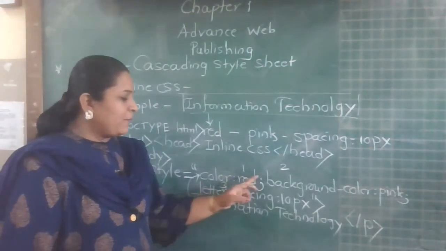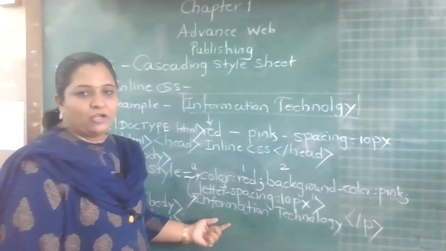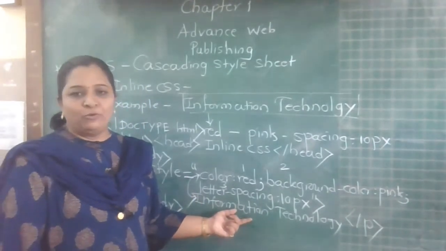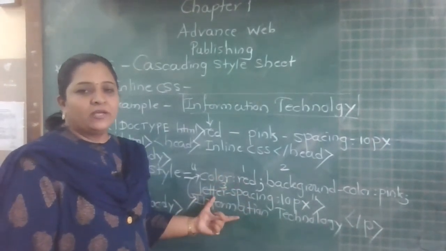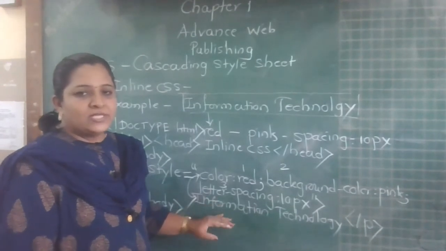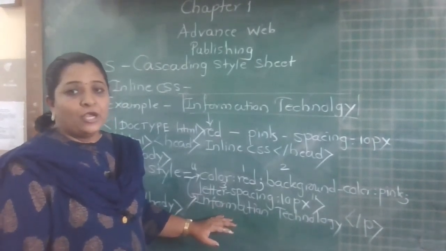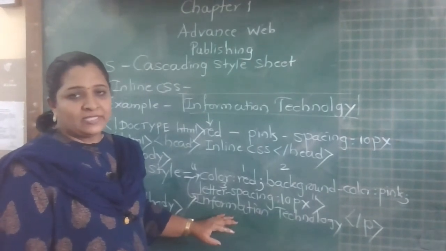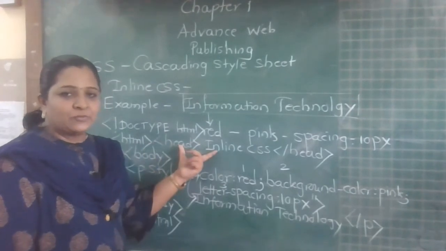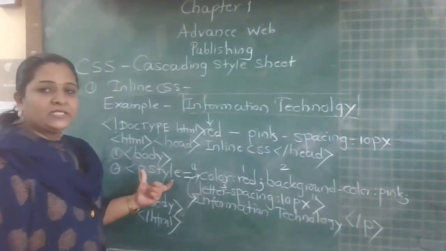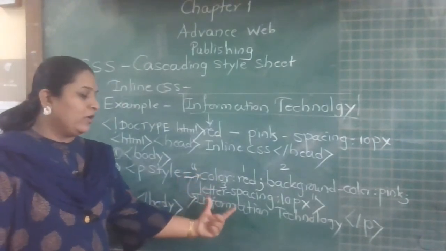So all these three properties get applied to the text information technology, and in the output you get all three properties for the particular text. This is the example of writing inline CSS. Don't forget the rules for inline CSS: the first is that it is used within body and /body, and the second is that the p style tag is used to apply the different properties to the text.